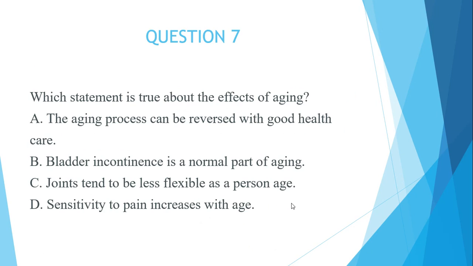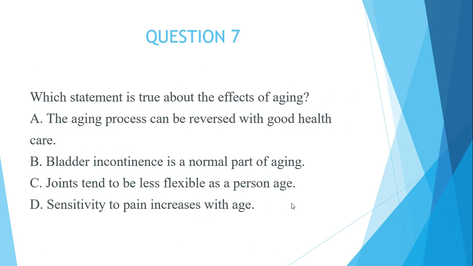Well, A says the aging process can be reversed. If this is true, that means many people will be ageless, and I need to find out how so that I will get it too. Bladder incontinence is a normal part of aging? Because somebody is old doesn't mean the person will be incontinent. So this is false.